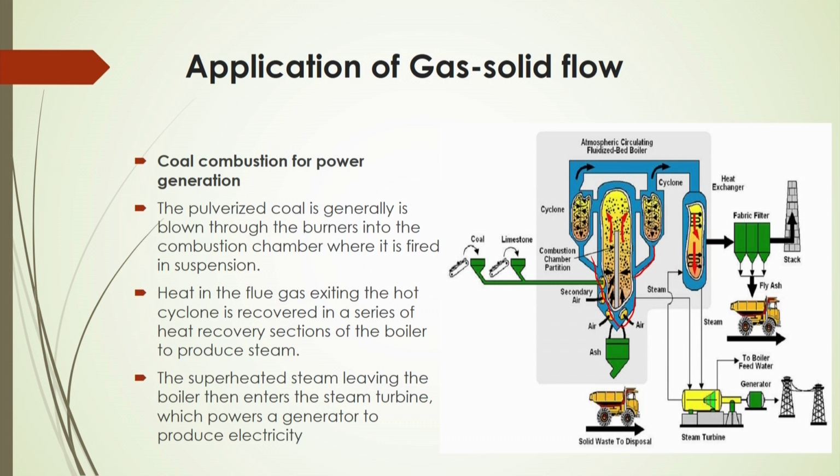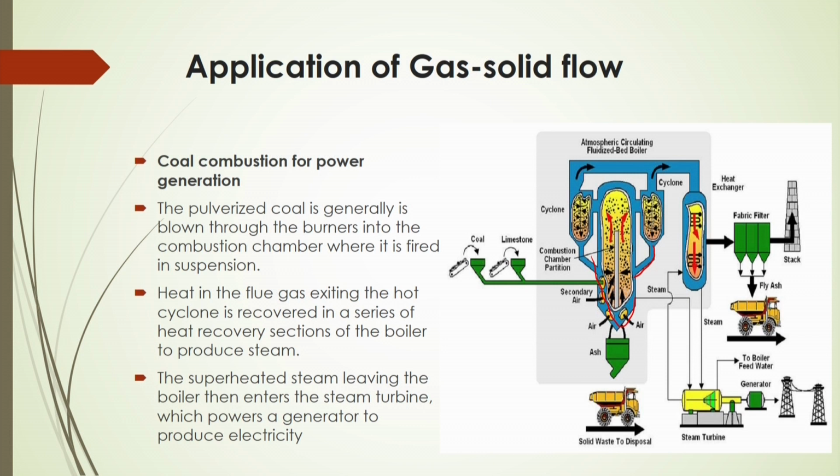Another way is that after fluidizing or burning of this coal, several different types of gaseous components come out in the flue gas. Those can be separated, and you can get different gas products, which can be upgraded into several commercial products.